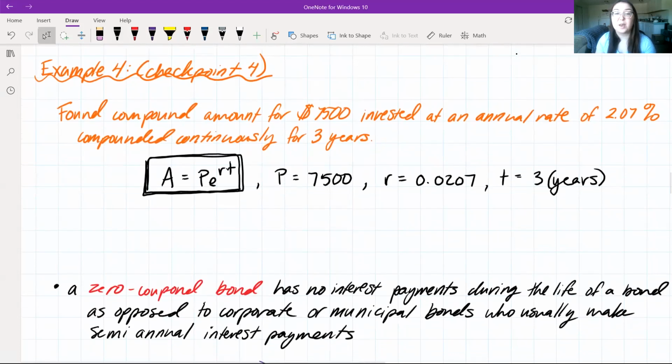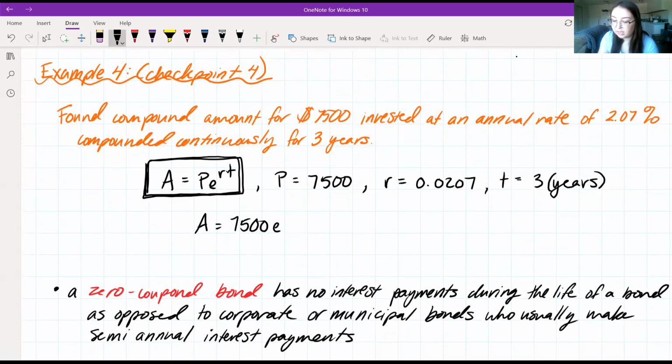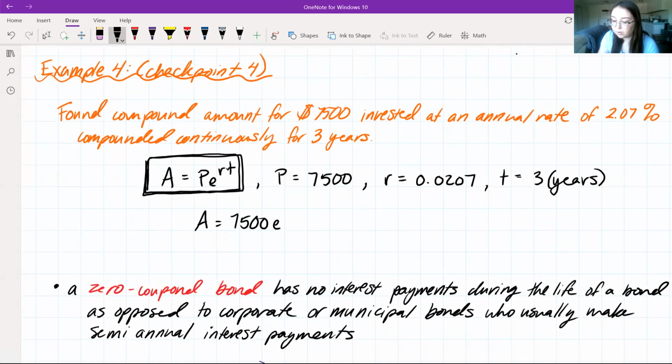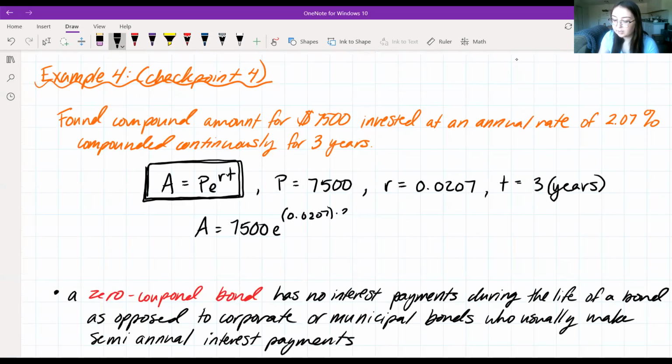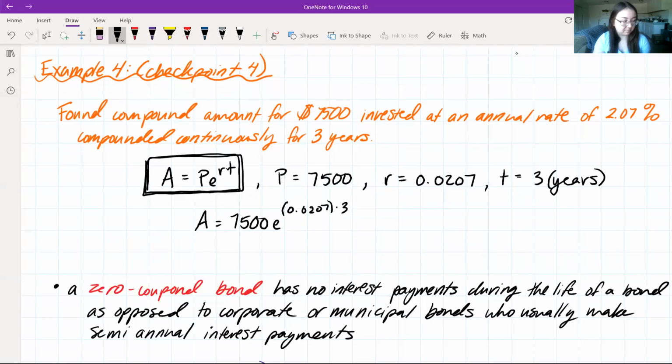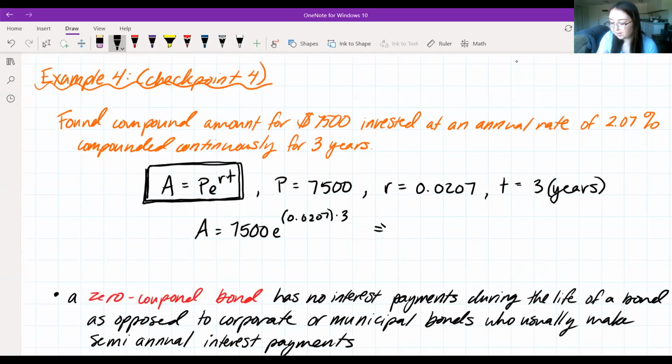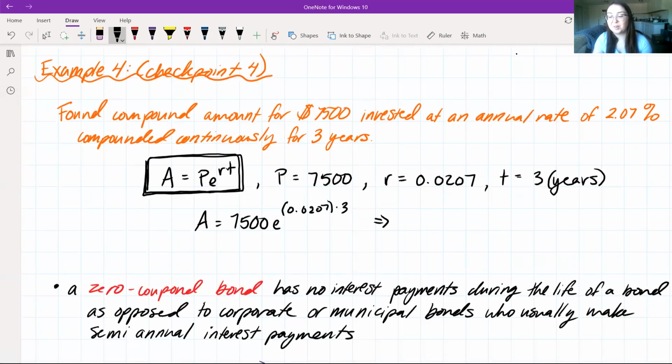So now, since we have all of our different variables, all we need to do is plug in all of our variables. So we get that A is equal to $7,500 times E to the 0.0207 times 3 power. All right, so as always, I invite you to calculate this value on your own.